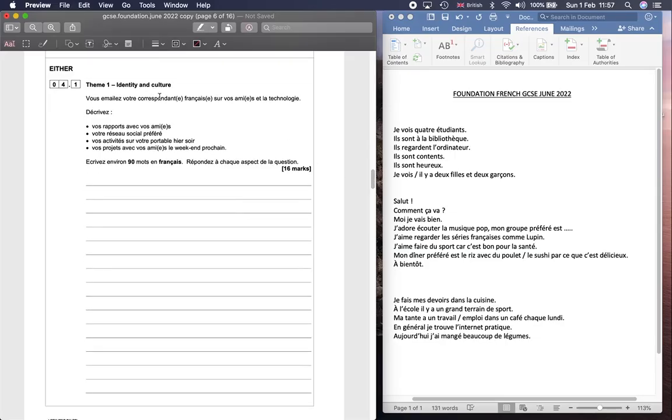The theme is identity and culture. And it says, vous emailez votre correspondant français-française sur vos amis et la technologie.